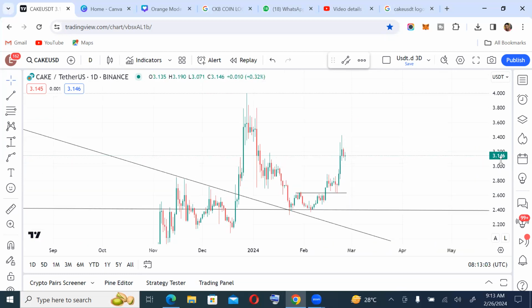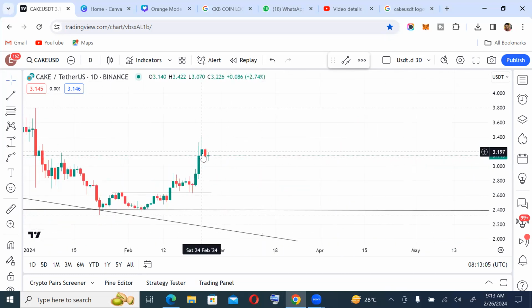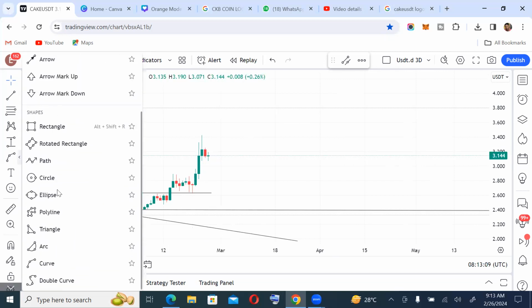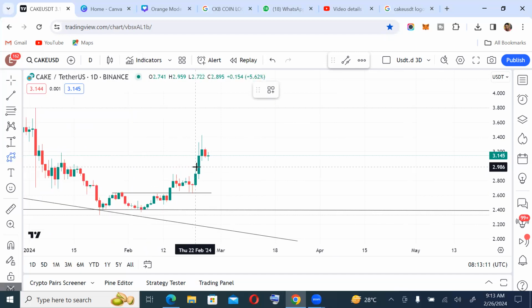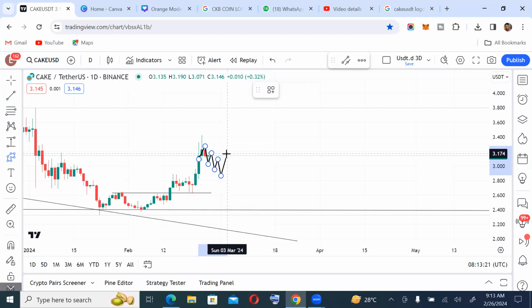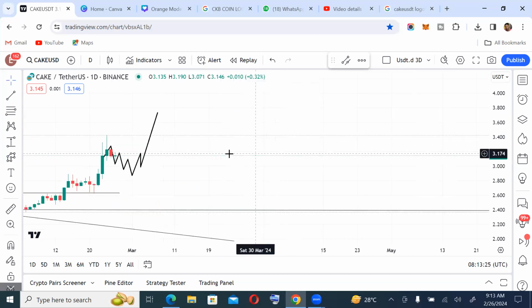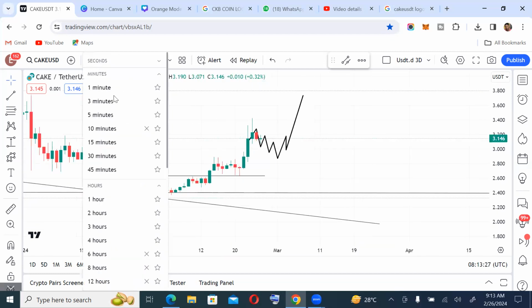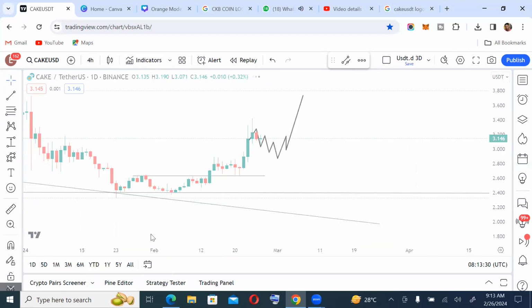So obviously we may start consolidating here again and form something like this again, and then price will go up. So let's see what the 4-hour looks like.